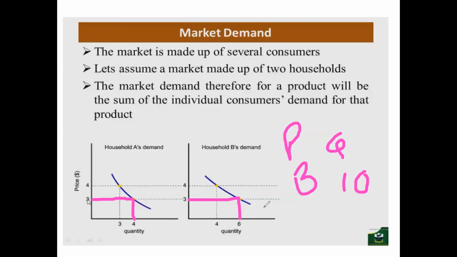Together, 6 plus 4 is equal to 10. Then when we consider price 4, A is demanding 3, B is demanding 4. So under price 4, market demand is equal to 7.